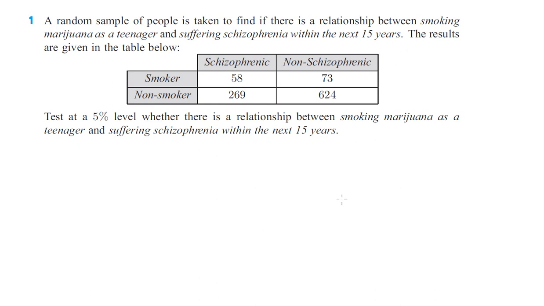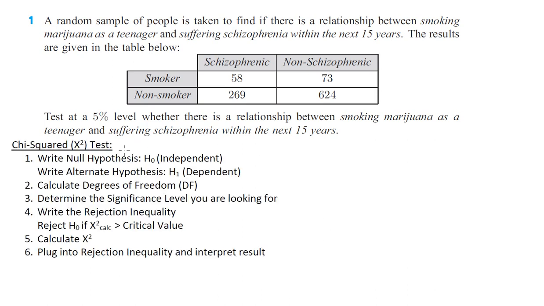So let's use our little 6 steps to figuring out a chi-squared test. Here's all of our steps for all of the chi-squared tests, but it's only asking us to test at a 5% level. Let's just do the whole thing.